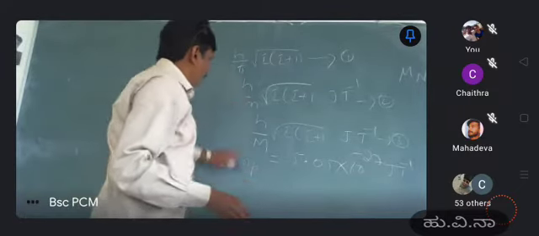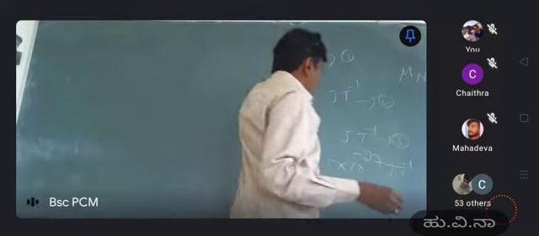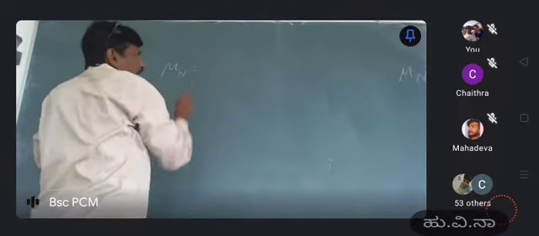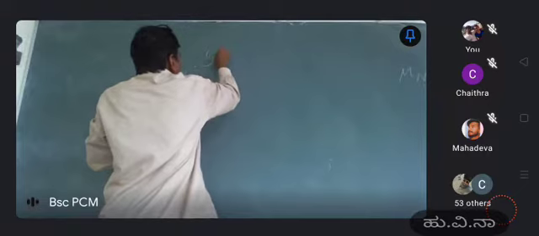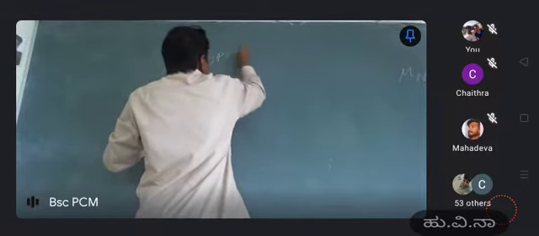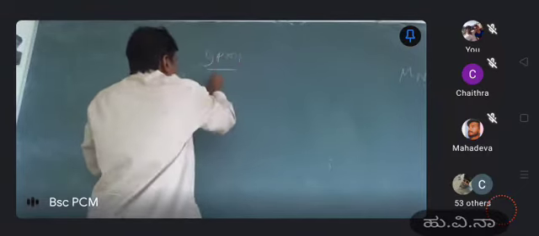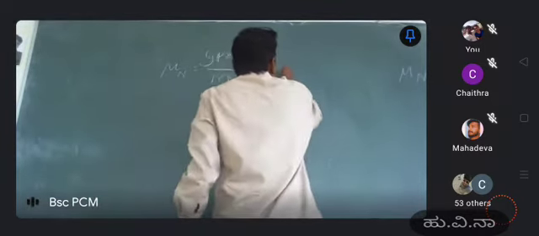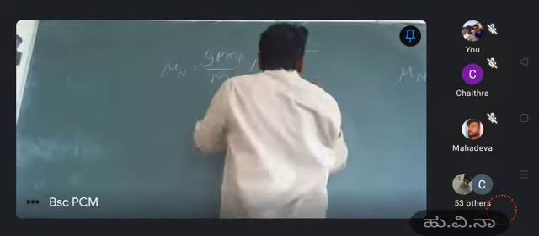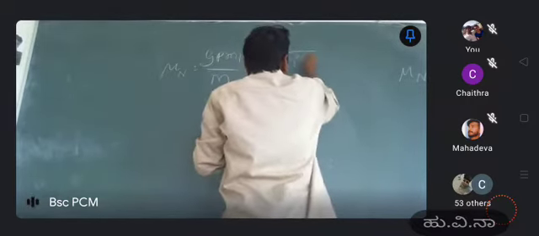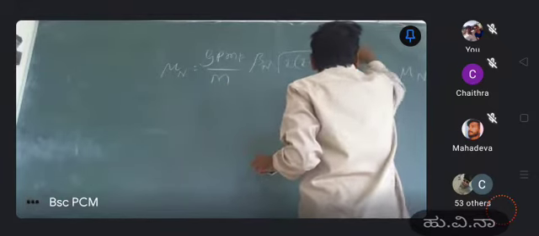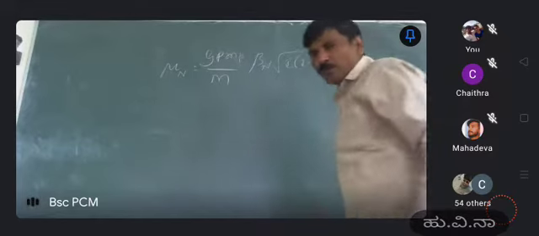Equation 3 becomes mu n, the strength of the magnetic dipole, is equal to G P, mass of the proton m p, divided by capital M, beta n, into the square root of I into I plus 1, so much joule per Tesla. I am going to call this equation number 4.